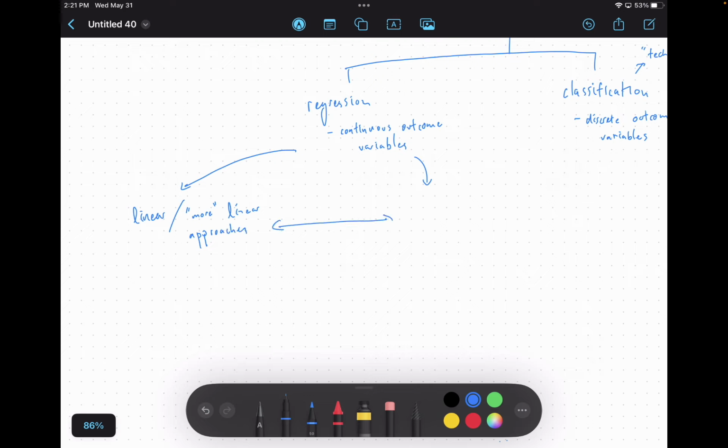And this kind of operates on a spectrum to sort of nonlinear approaches.